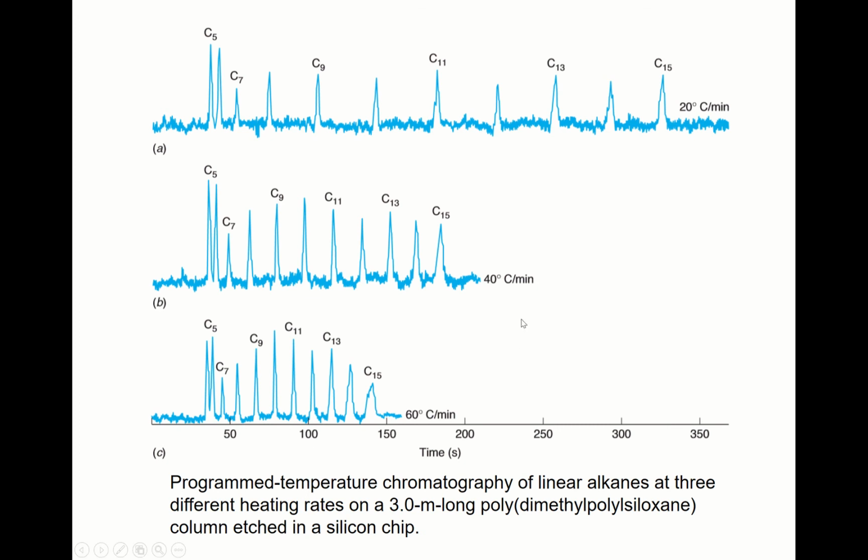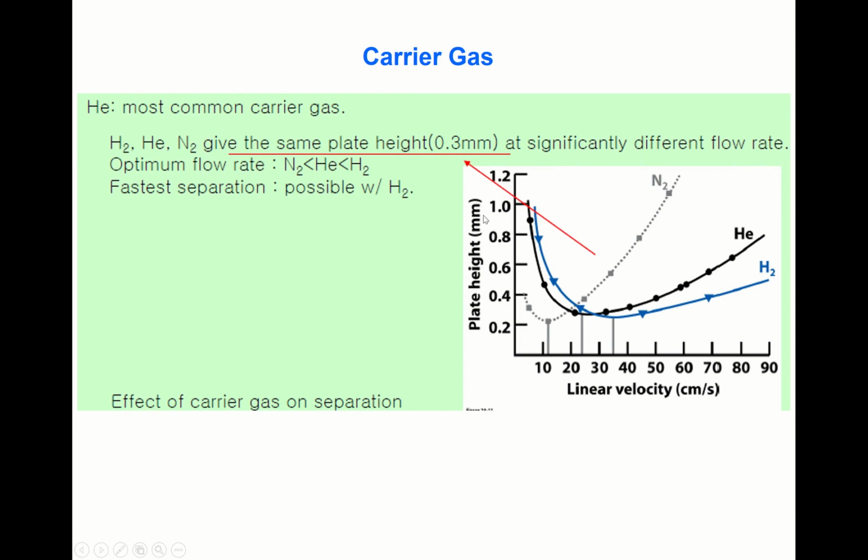But if you program the temperature rate high, then this separation can be done rapidly, and with a higher rate, more rapidly you can separate all these hydrocarbons. Okay, let's stop here.